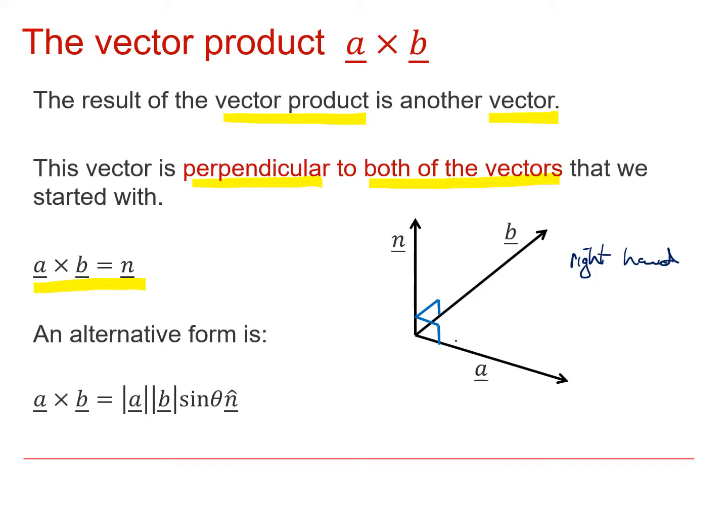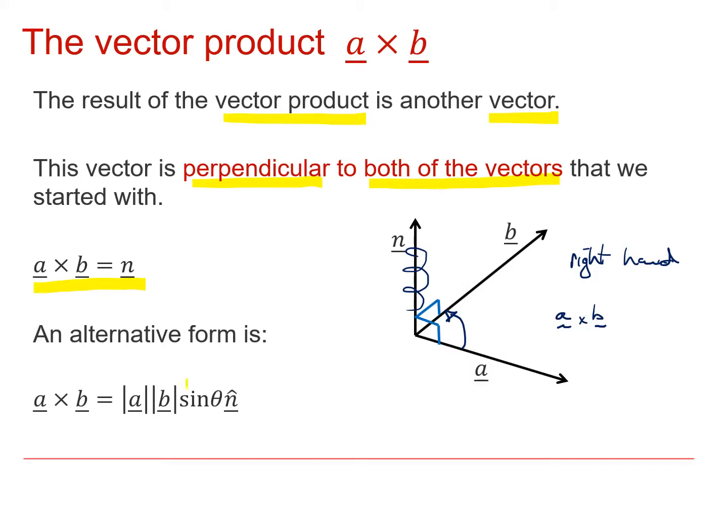If you think about A and B as lying in a plane, then as you move from A to B, remember it's A cross B that we're doing, if you imagine that this is a spiral like a screw, then this direction is anti-clockwise and therefore it would be coming out of the plane, coming upwards. And that's our right-handed system.